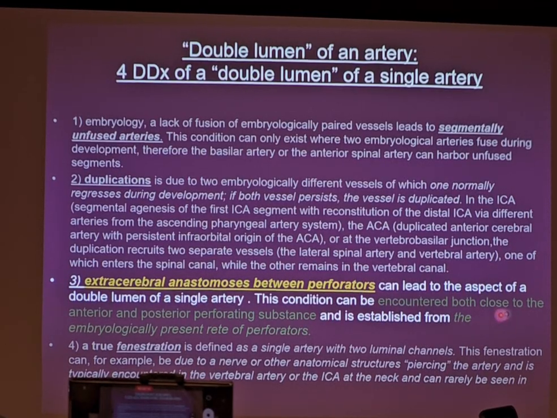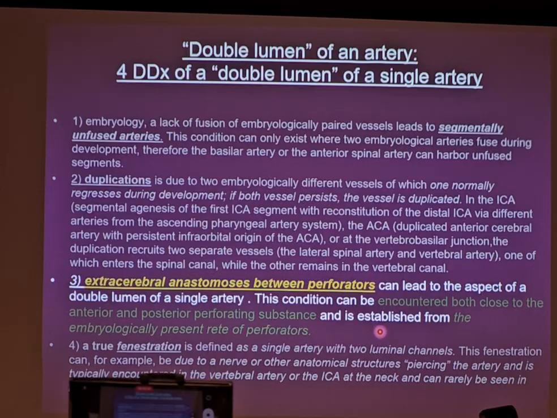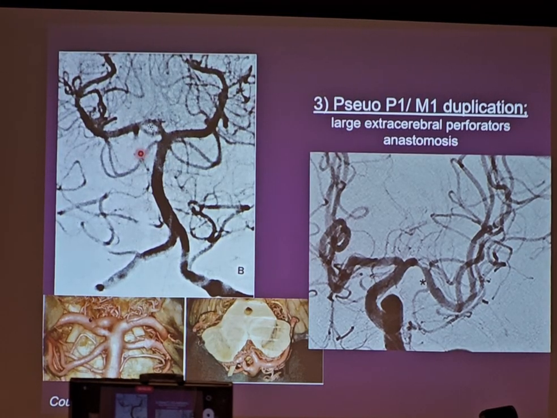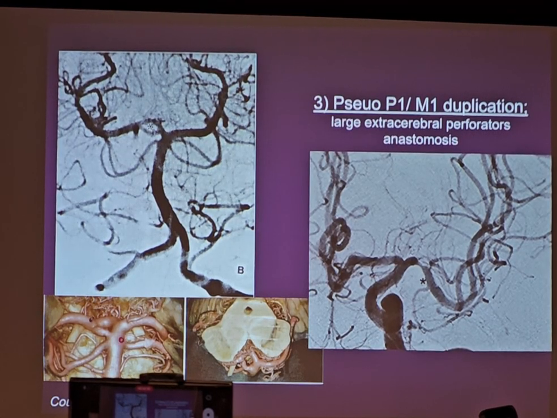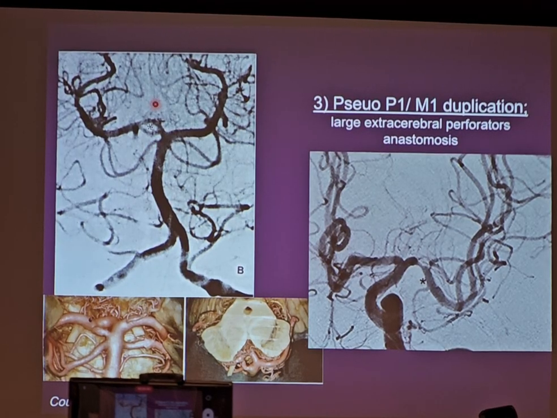It can be encountered close to both the anterior and posterior perforating substance, from the embryologically persisting radii of the perforators. For example, Pierre put this angiogram, correlated with Phillips' specimen, which is possibly related to pseudo P1 duplication, actually a large extracerebral perforator anastomosis, and it can also be seen in the M1 area.